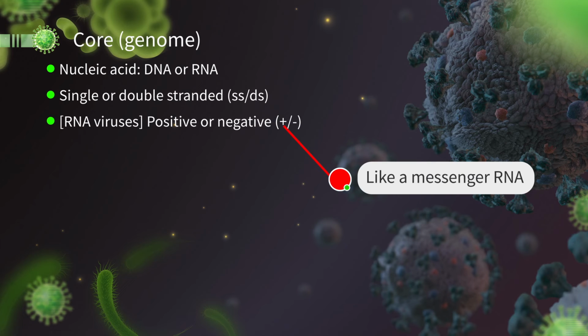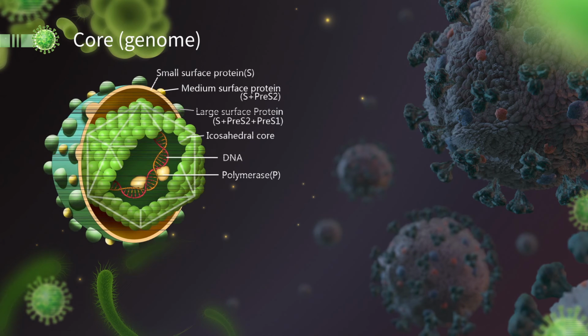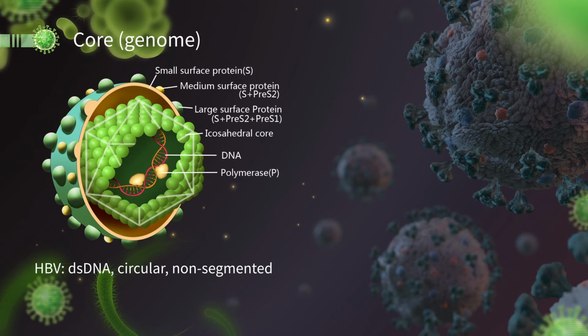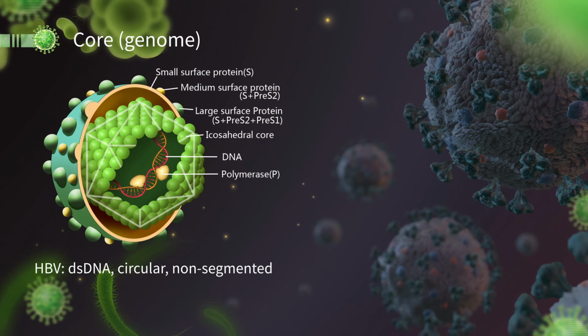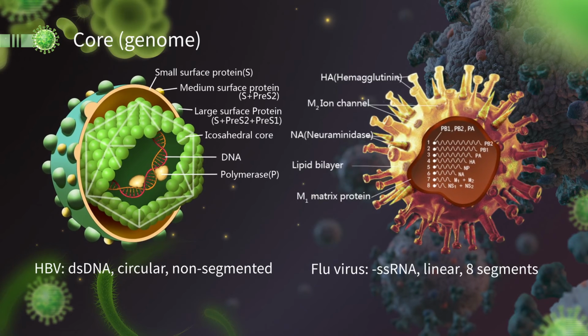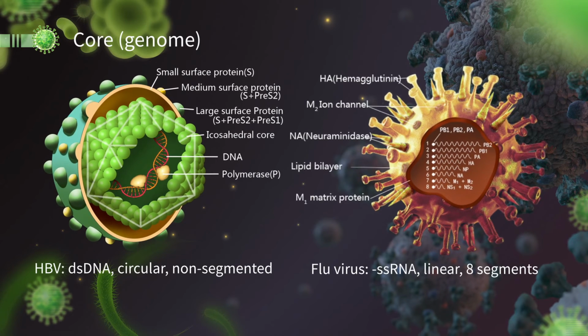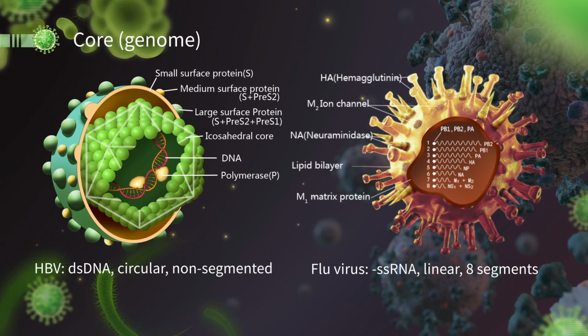The genome may be circular or linear, segmented or non-segmented. Two examples: HBV, double-stranded DNA, circular, non-segmented. Another example, flu virus, negative sense, single-stranded RNA, linear, contains 8 segments.